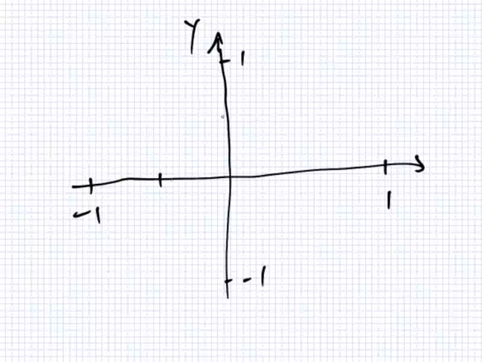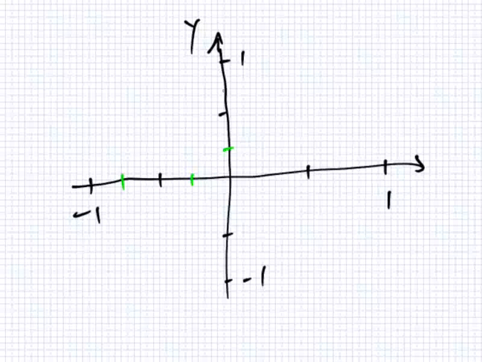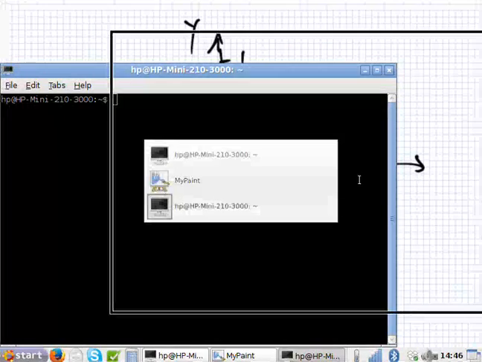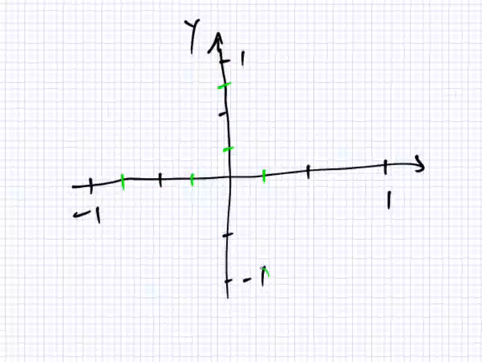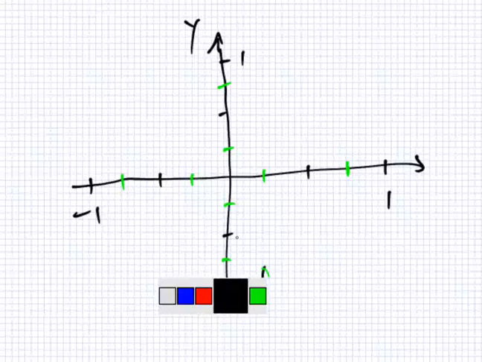If the m is positive, it means it's going up. And if the c is positive, it means it starts in the positive and it goes up. Here, if the m is positive, it's going up. But if the c is negative, it starts in the negative and it goes up. Like this.